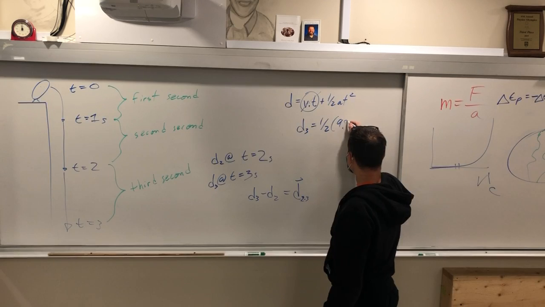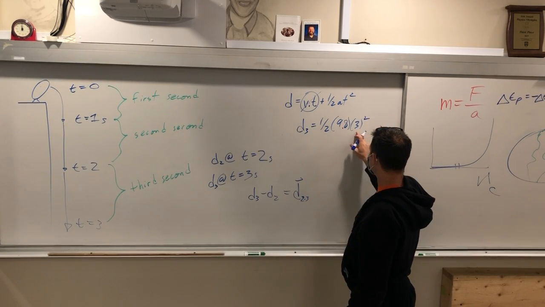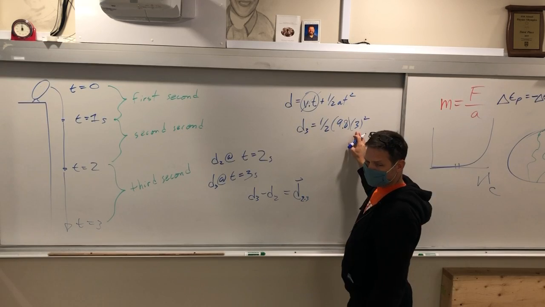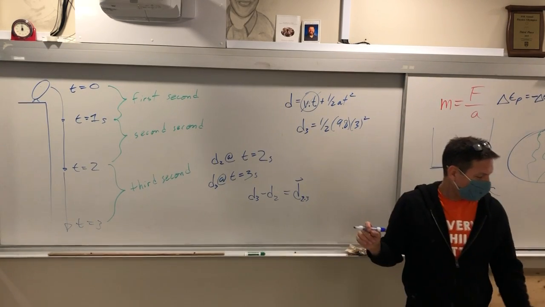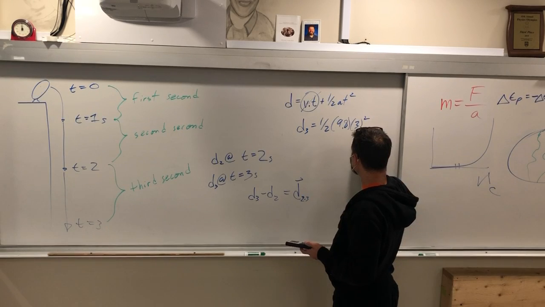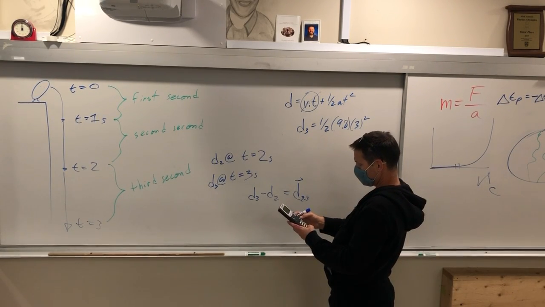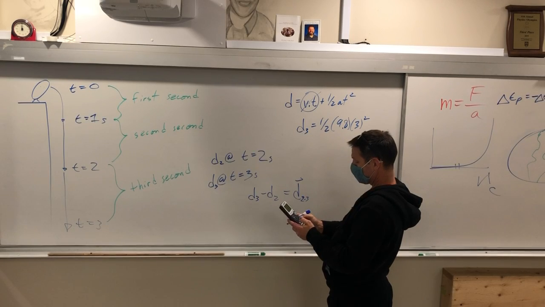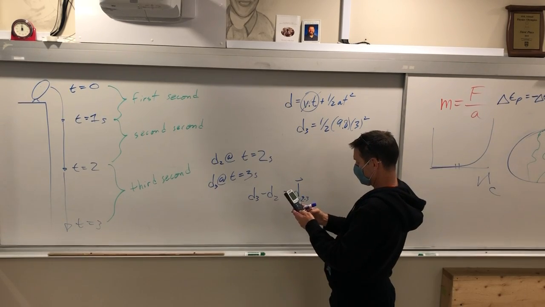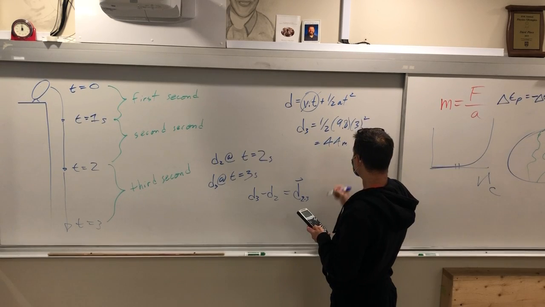That's going to be half times 9.8 times 3 squared, right? So if you got a calculator there? I got my phone. I have a calculator. So this is going to be 9 times 9.8, or half of 9.8, which is 4.9. So this looks like 44 meters.